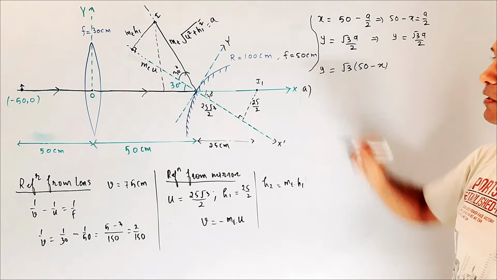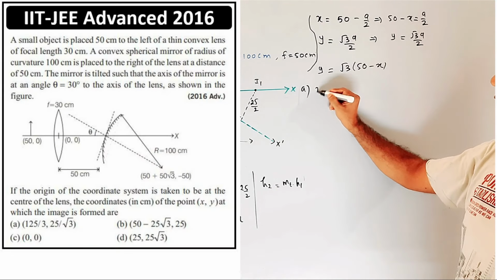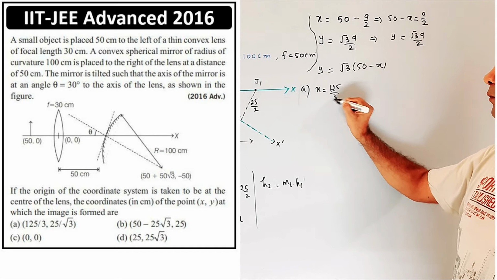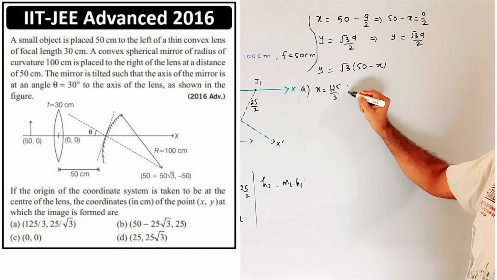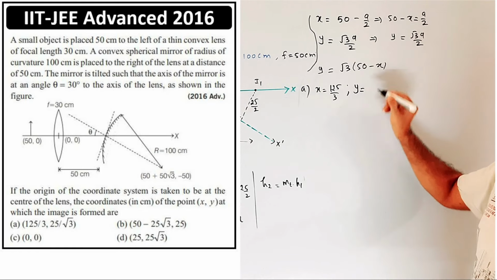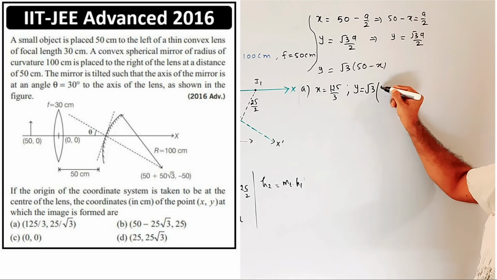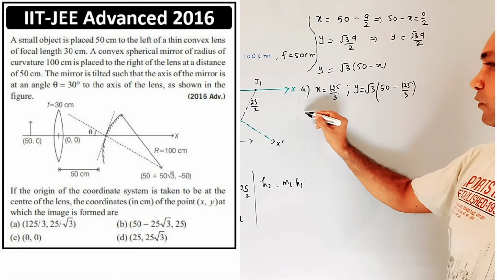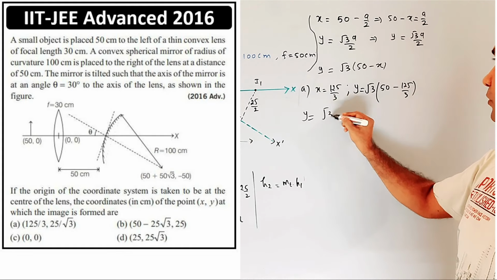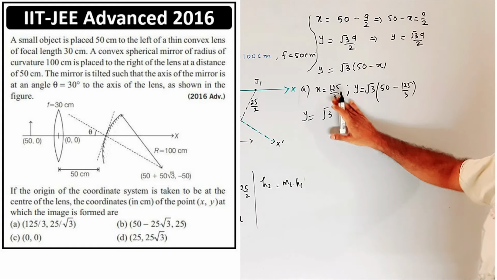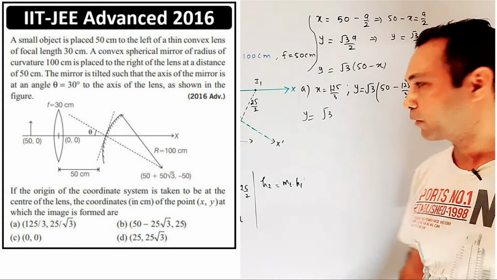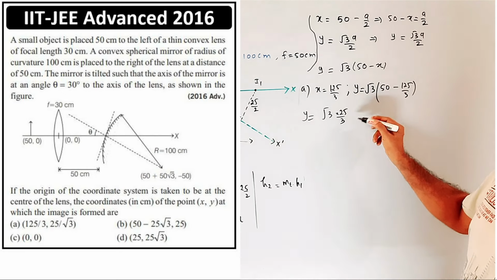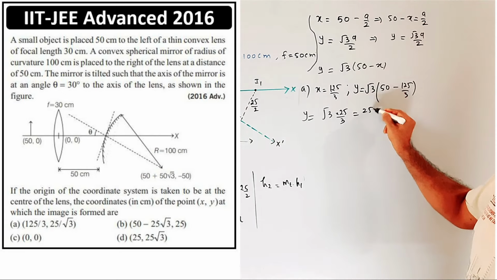So in option A, x is equal to 125 by 3. If I put 125 by 3, I will get y is equal to root 3 into (50 minus 125 by 3). So y will become root 3 into (150 minus 125) by 3, that will be 25 by 3, so that would be 25 by root 3.